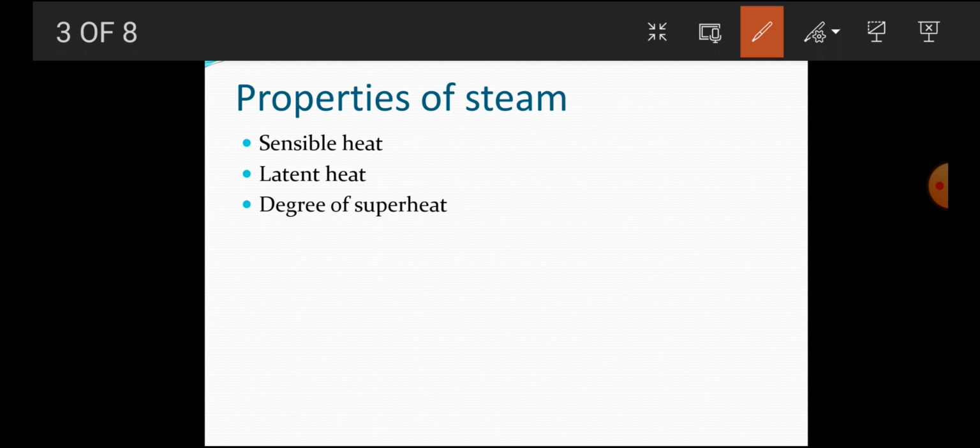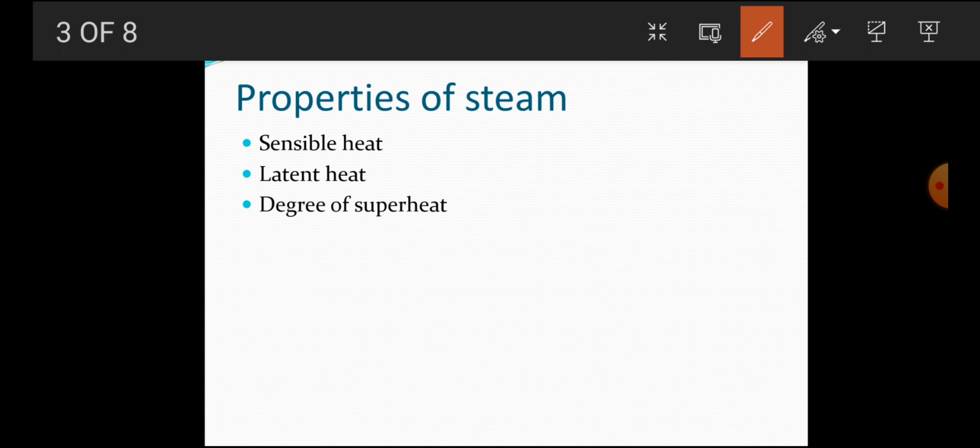Properties of steam. In that, we'll see some basic definitions first. If heat energy is added to water, what will happen? The temperature of that water will rise.